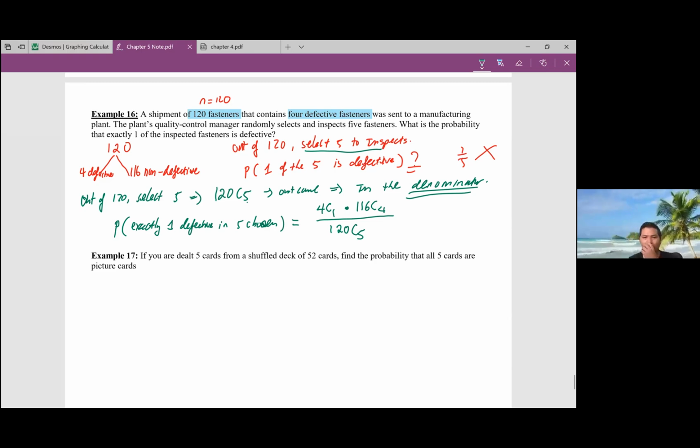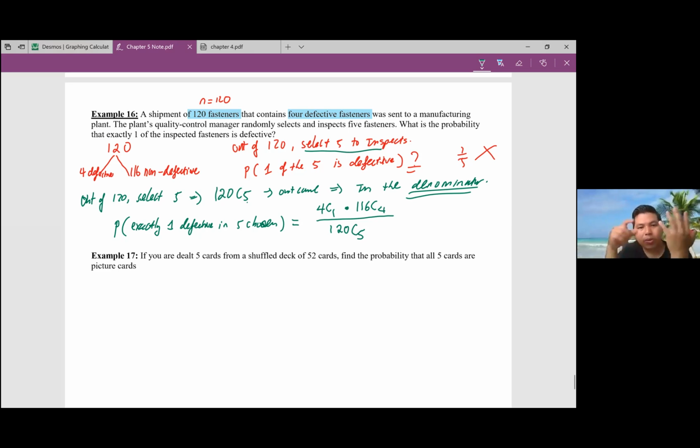All right, so here's the logic behind that. How many defectives do we want? Exactly one. We want one defective. How many defectives did we know in advance? 4. So we want to pick one from this group, so we do 4 choose 1. Now, how many do we choose to inspect? 5.